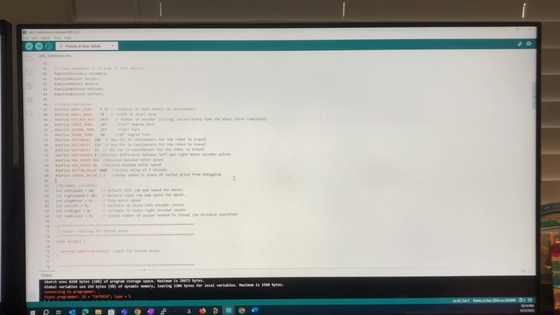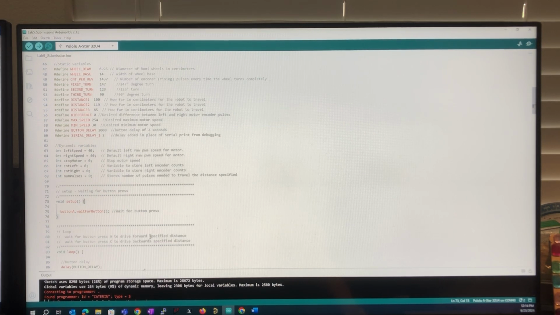So you'll see in this code, and I'll point it out a little later, I had to go back in and I just added a small delay. Here's 2 milliseconds. For some of our dynamic variables, I'm setting the left and right motors pulses to 40. Obviously, it works a little better when it's not going too fast.